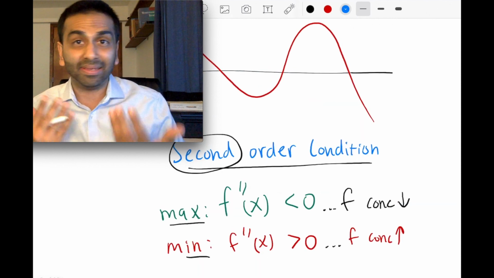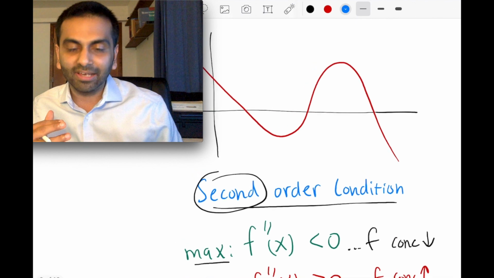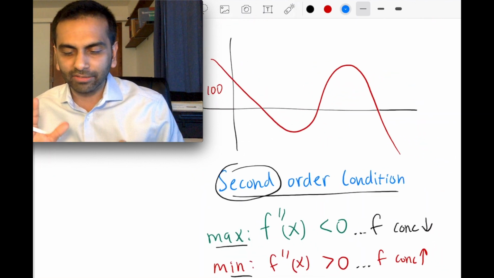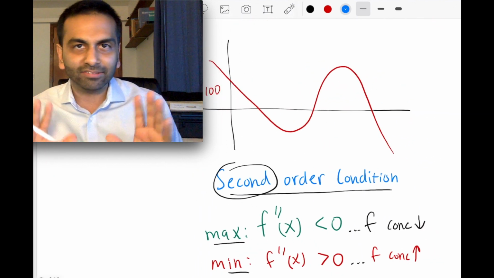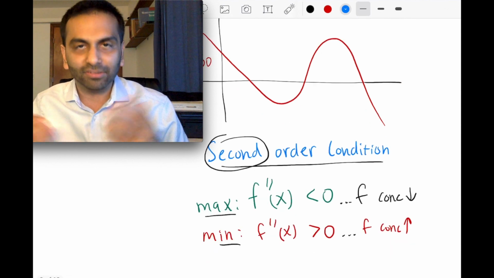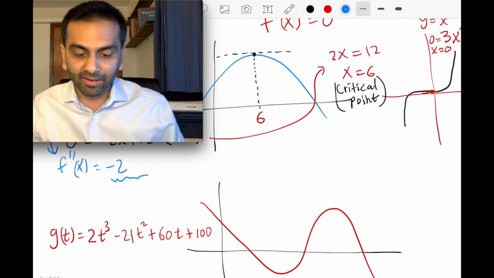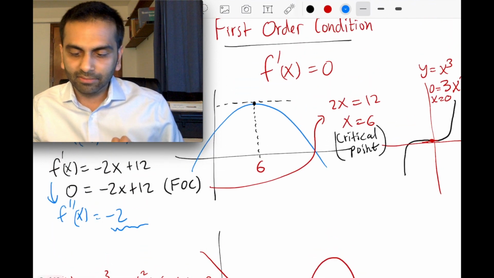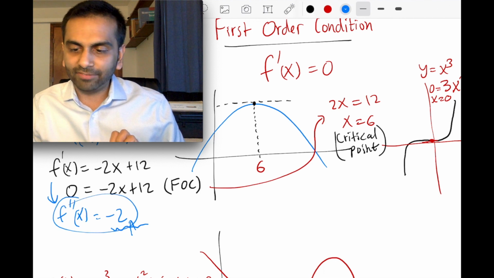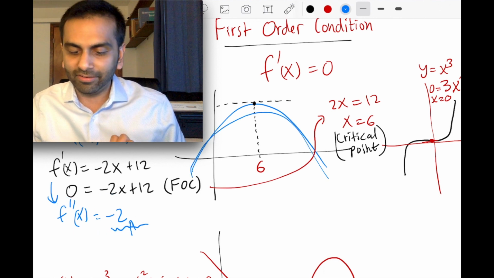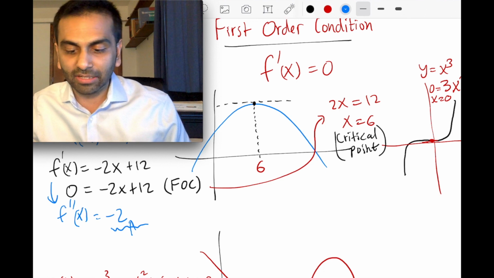Usually that means it might be neither, but there might be some further testing you have to do. But for simple cases, if it's neither of these two, then it's just neither. Here, because this was negative, we didn't even need to plug in x equals 6, because no matter what x you plug in, the second derivative is negative 2, which means the function is always concave down, so any critical point would necessarily be a maximum.